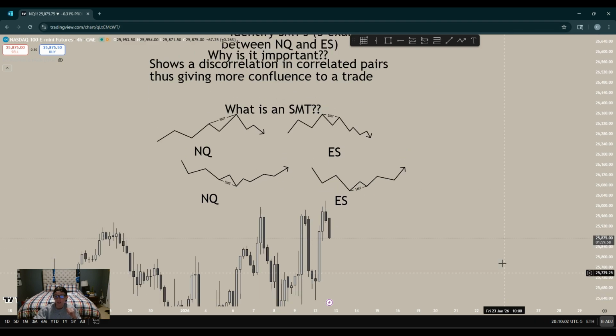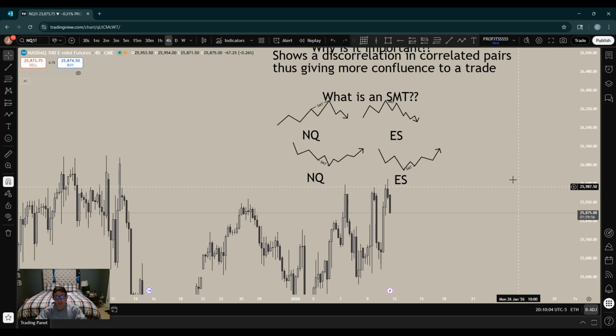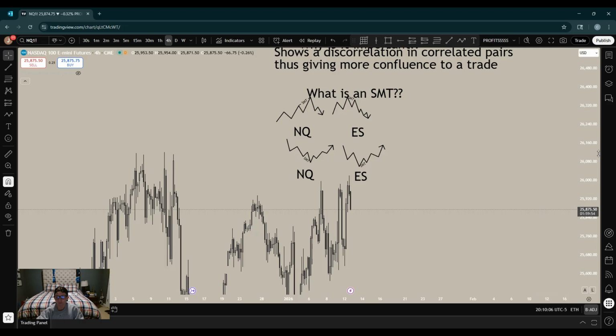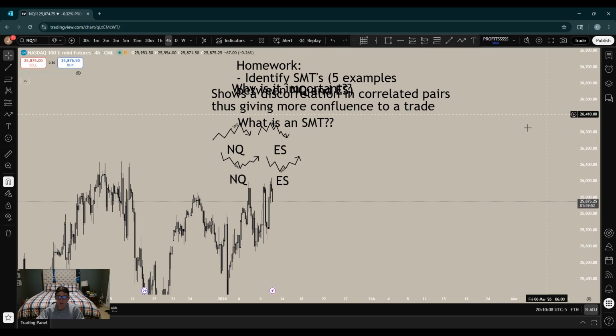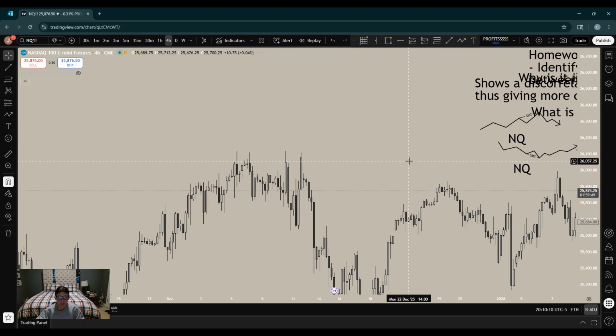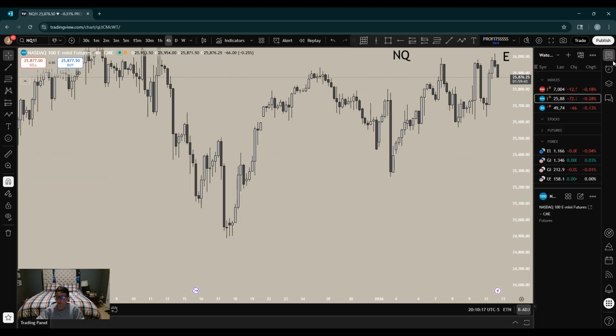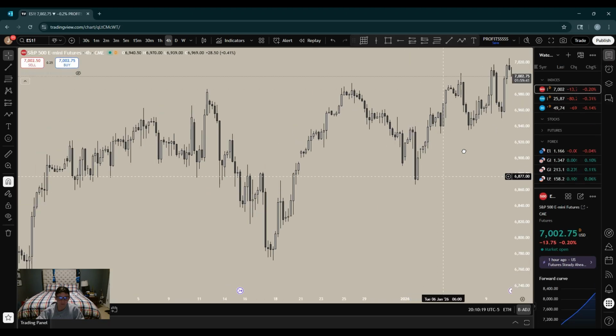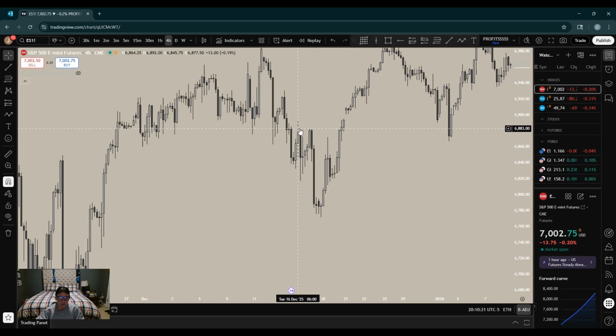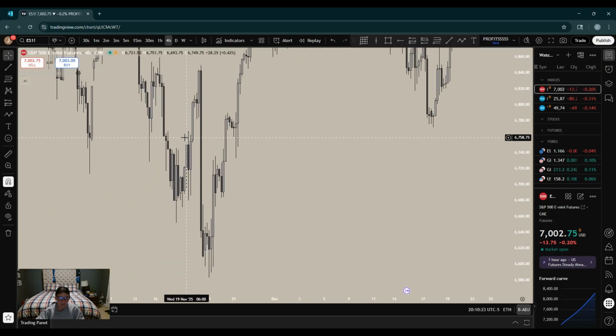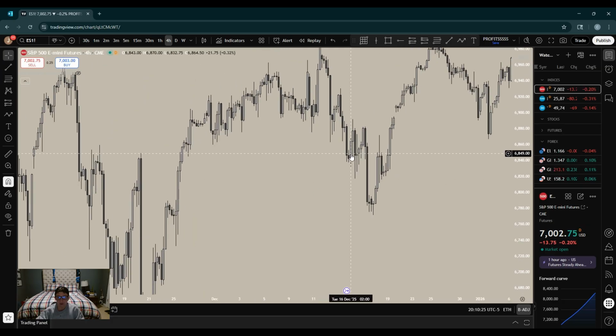So let me show you guys. Let's actually go through this in a real chart. Let's just take any of these, like this swing low. Let's see if I can find any SMTs.